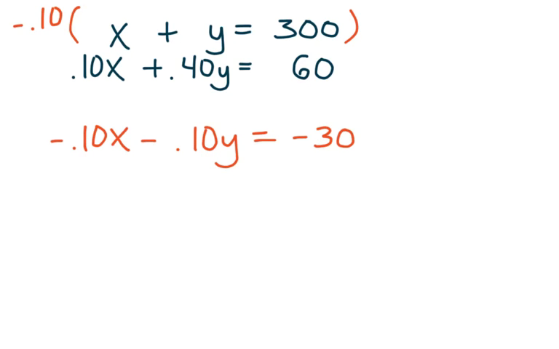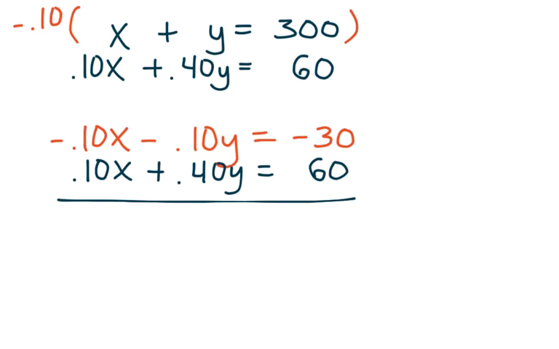And I'll just carry down my original second equation, no change needed there. And the elimination method says add them up, and we intentionally made it so that x is eliminated. So when we add up our two equations, our x's eliminate.